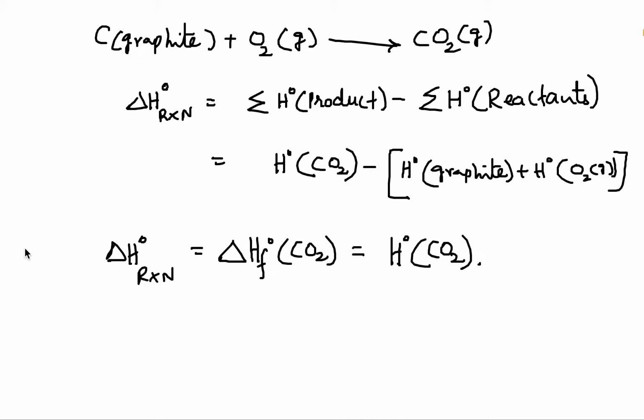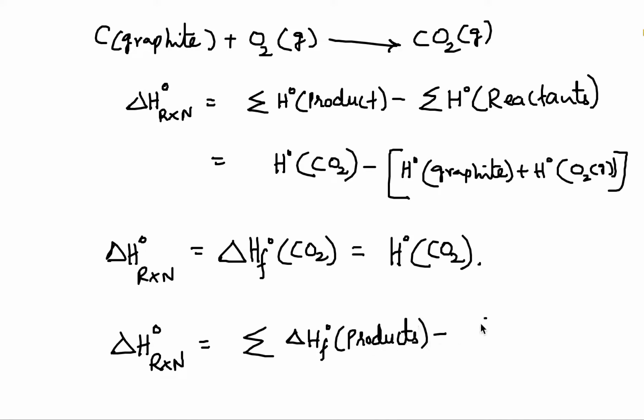Therefore, we have a formula. What is that one? Delta H naught reaction or delta H reaction simply is equal to summation of H naught of products, that means delta HF formation of products minus summation of delta HF formation of reactants.